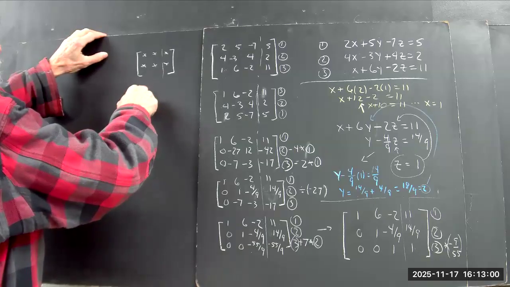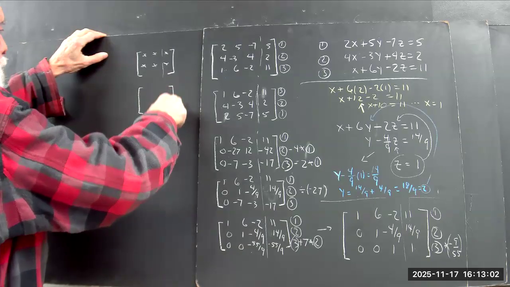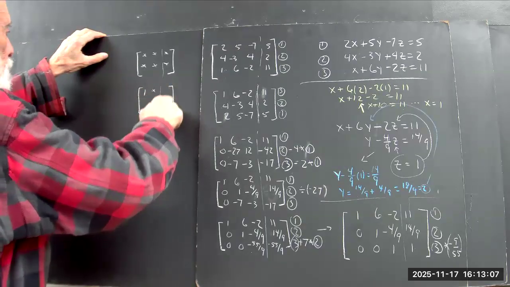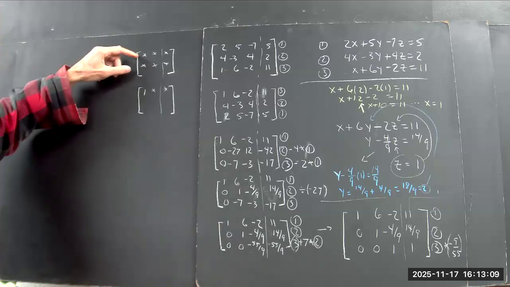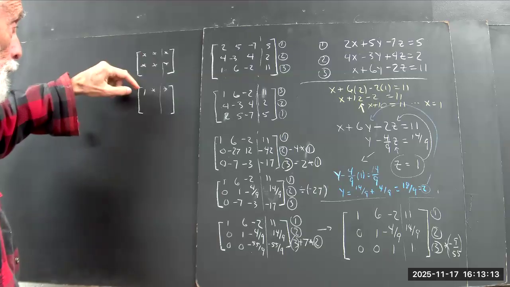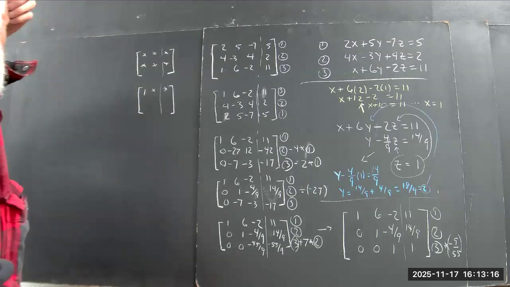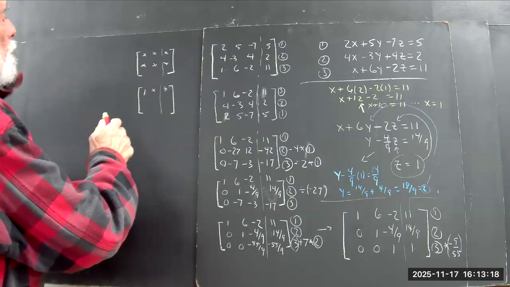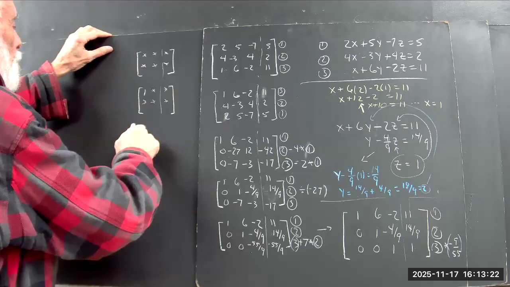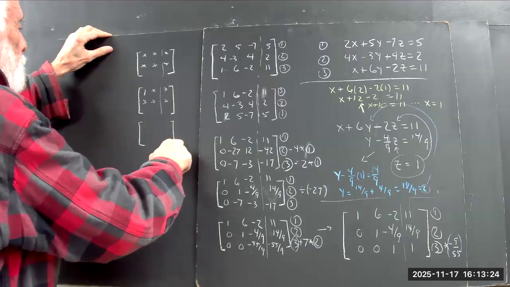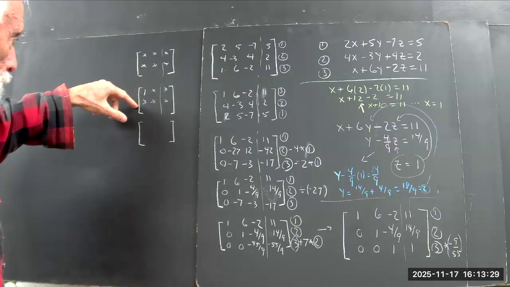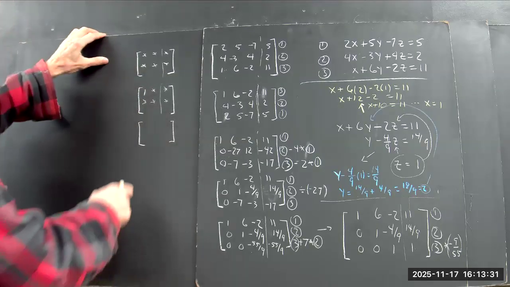What do we do? We start by dividing the numbers in the first row by whatever this first number is to get 1. We add a multiple of the first row to the second row to make this number 0.